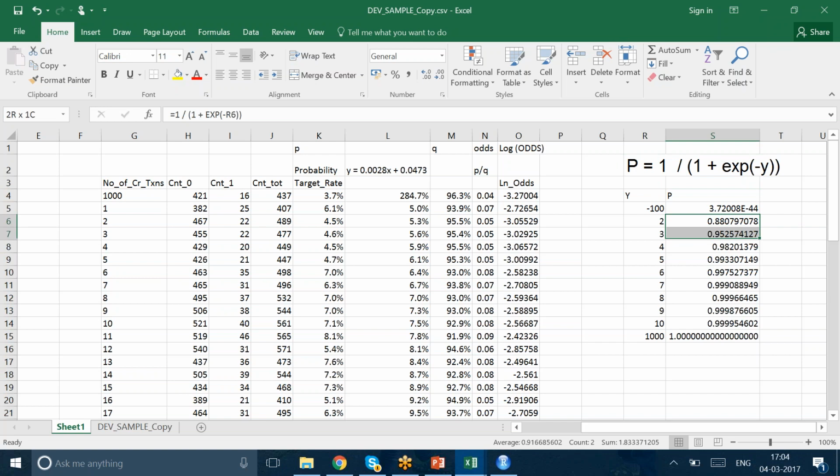My probability range does not go below 0 and above 1. This is the reason we use logistic regression when we want to estimate probabilities, and logistic regression is nothing but a transformed linear regression.